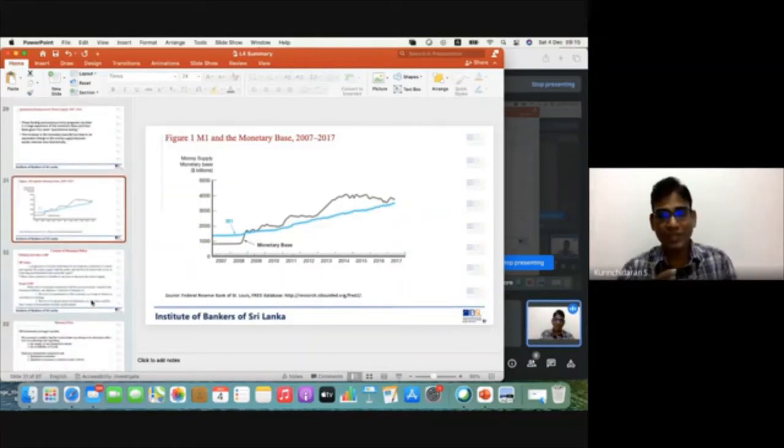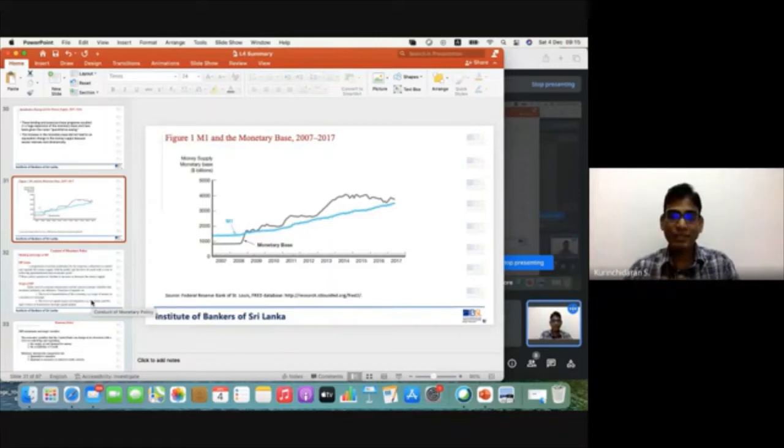Up to now, what we have discussed is what a central bank is, what central banking is, and how they manage the money supply and monetary base, because their objective is to safeguard or maintain price stability. How are they doing this?